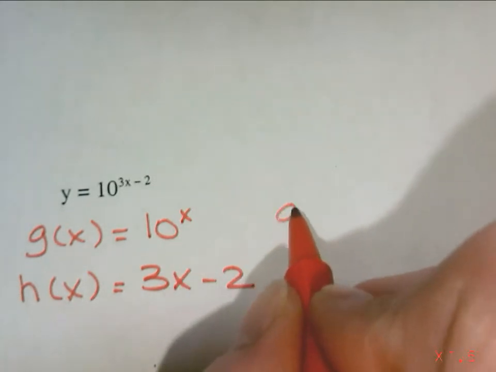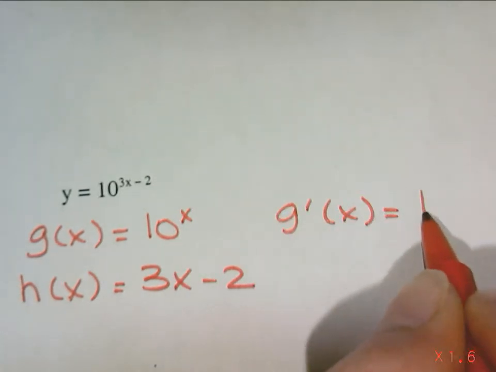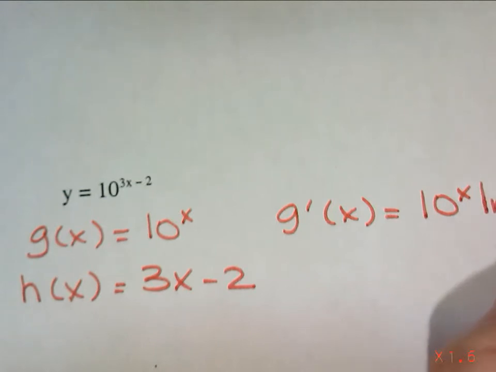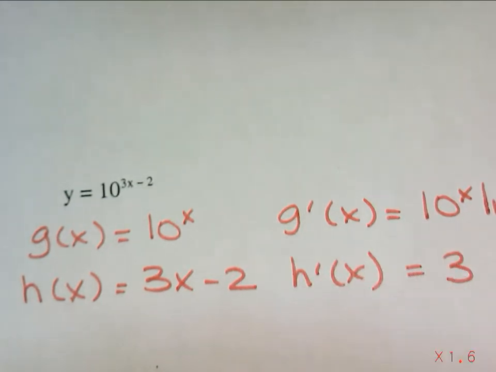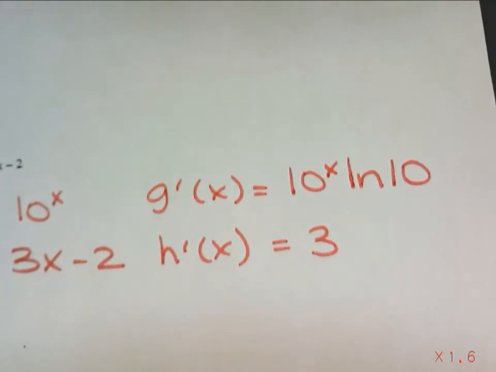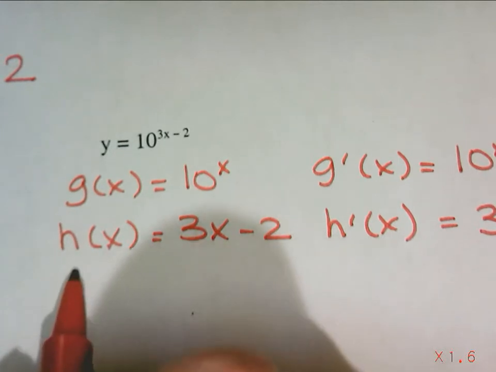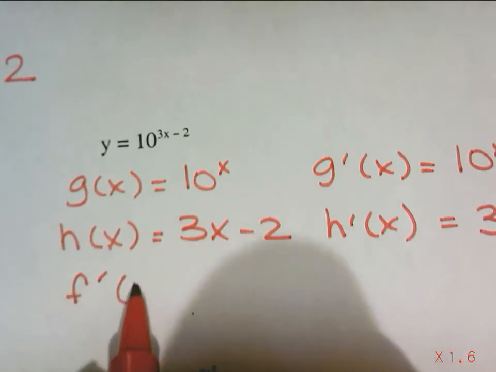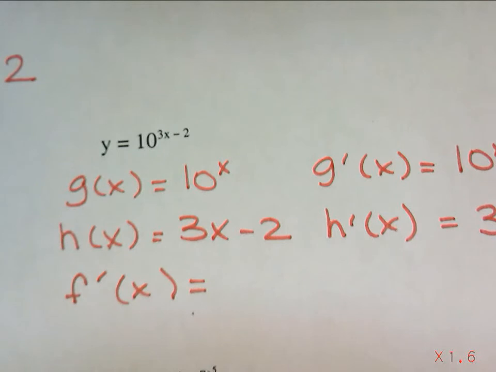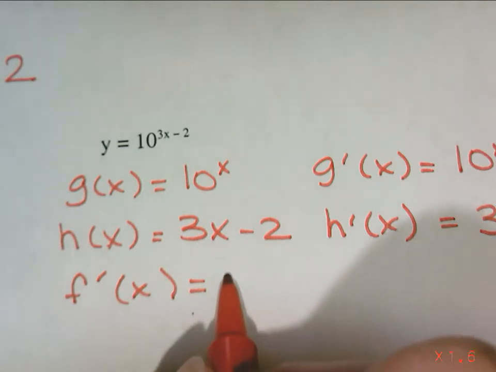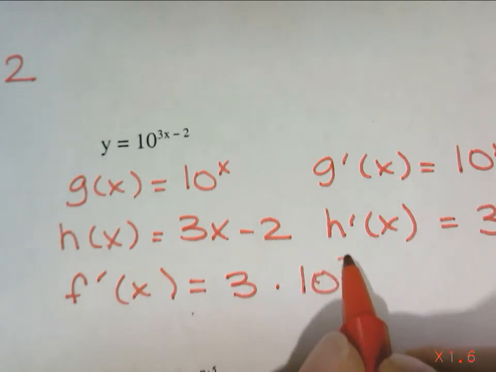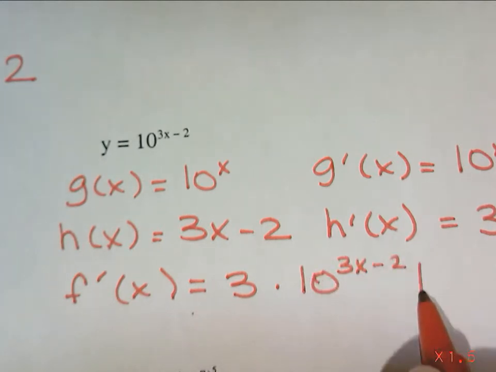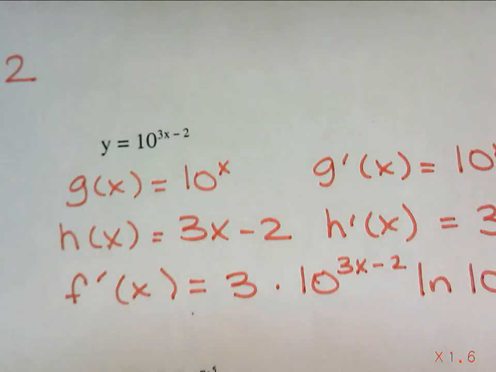If I do the derivative of this, I know this is 10 to the x ln 10, and the derivative of this is 3. Plugging those into the chain rule, I can say that it is h prime, g prime of h of x.